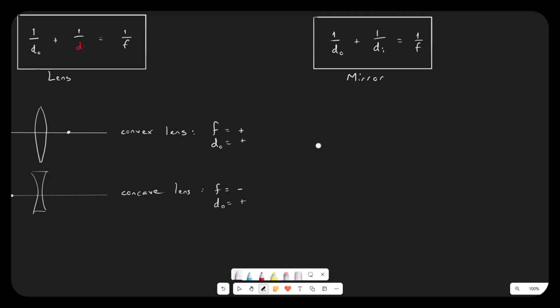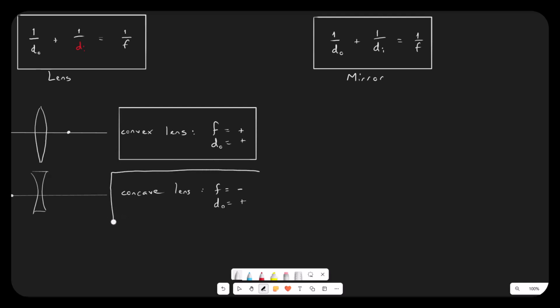We call it the lens equation, but if we're using this with a mirror, then we can call it the mirror equation. So we need these same sign conventions. If you're ever unsure what you are doing, these are called sign conventions.